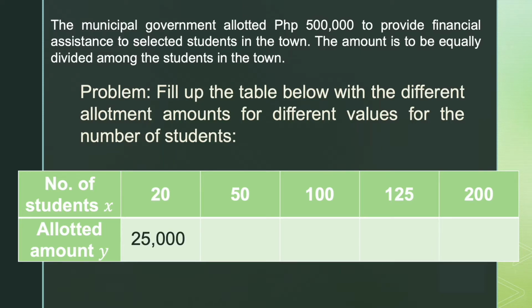For 50 students, we have y equals 500,000 over 50 equals 10,000. For 100 students, we have 5,000 each. For 125 students, we have 4,000 each. And finally, for 200 students, we have 2,500 pesos each.